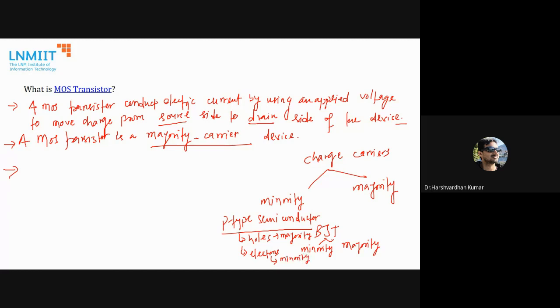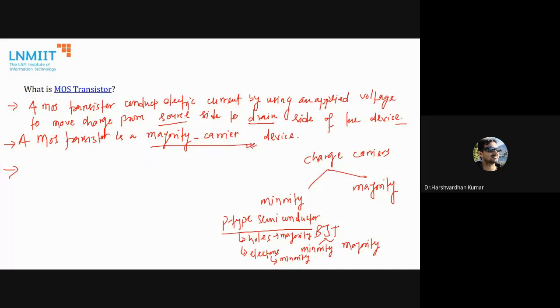In case of BJT, minority carriers and majority carriers both play a role to conduct the electric current, right? However, in case of MOSFET device or MOS transistors, only majority carriers play a significant role in flowing the current from source side to drain side.